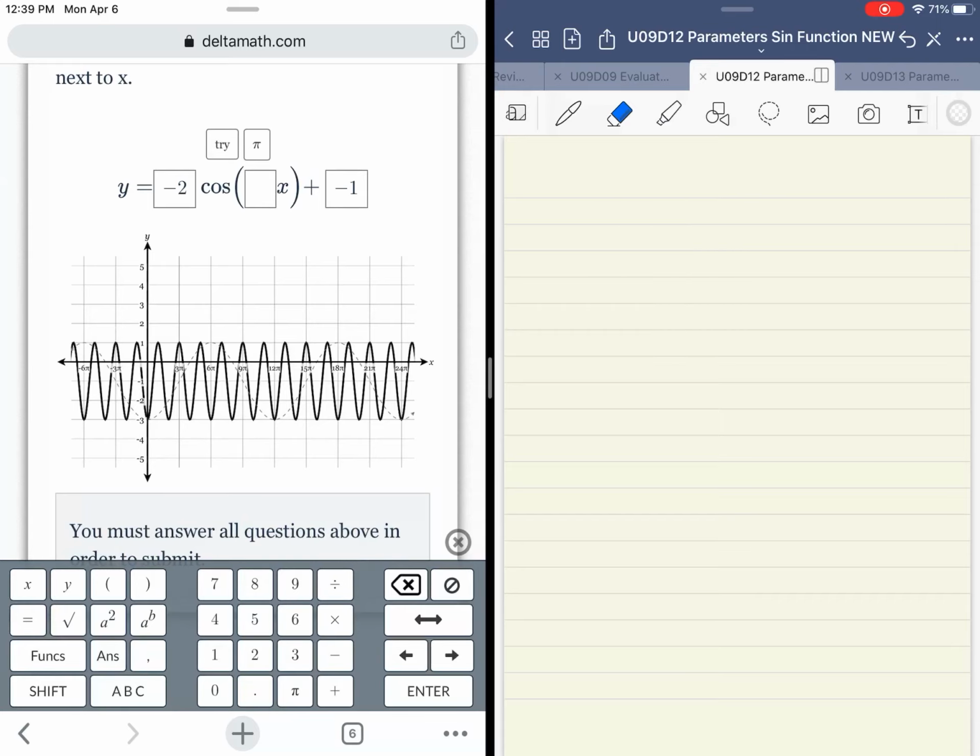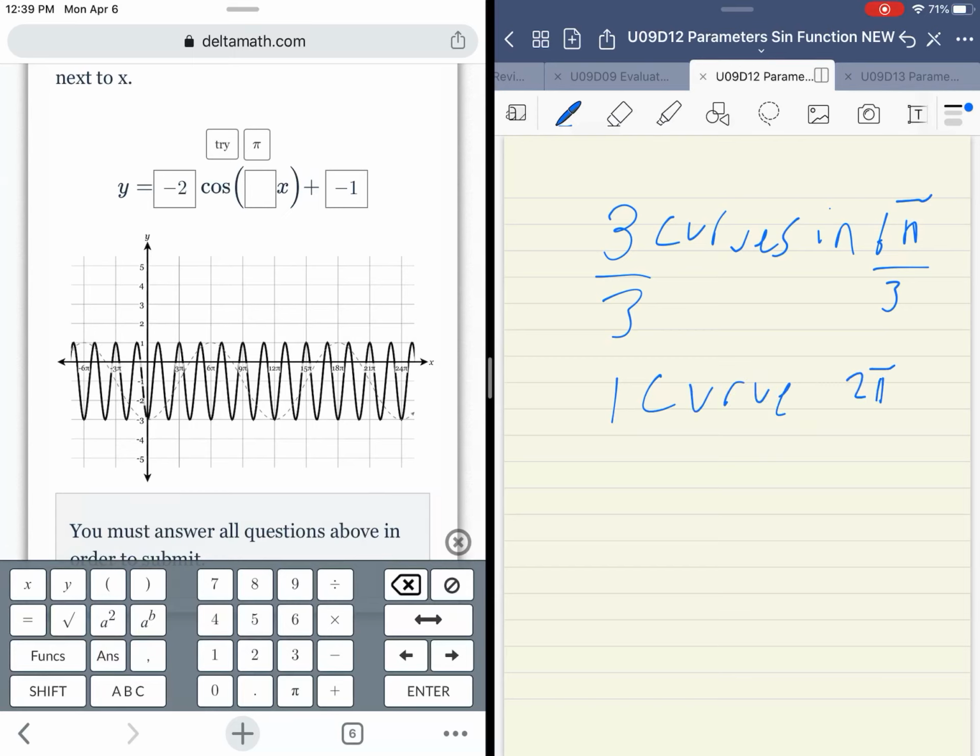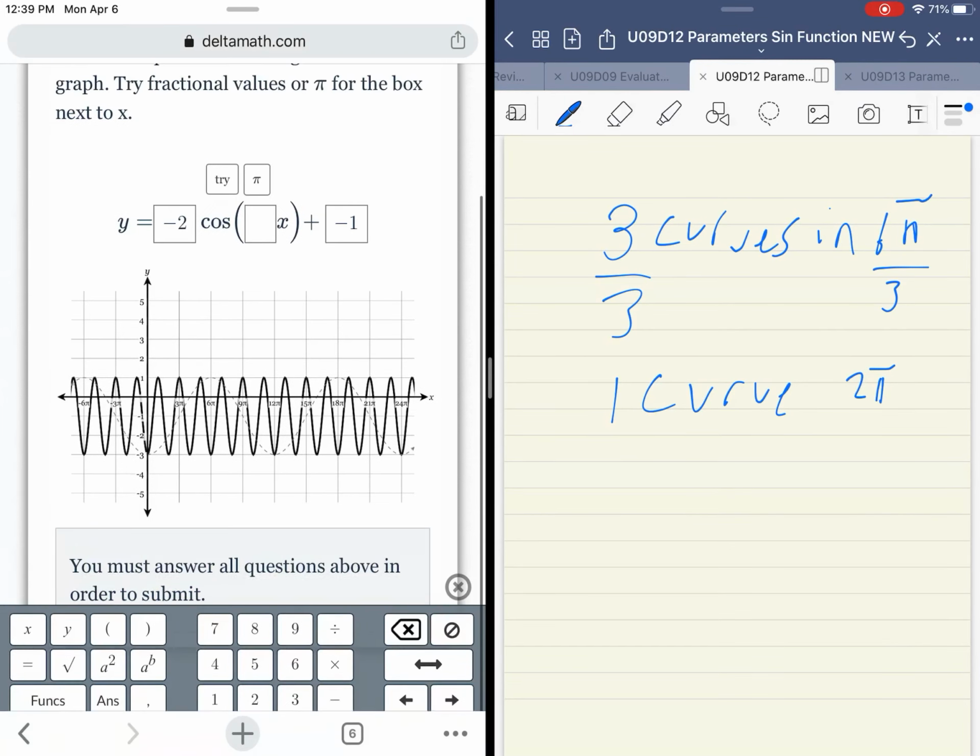So it does 3. The frequency will be 3 in 6 pi. So that means it does 1 curve in 2 pi. So 3 curves in 6 pi. So logically, if I divide both of these by 3, I get 1 curve in 2 pi. So I'll just leave this the way it is.